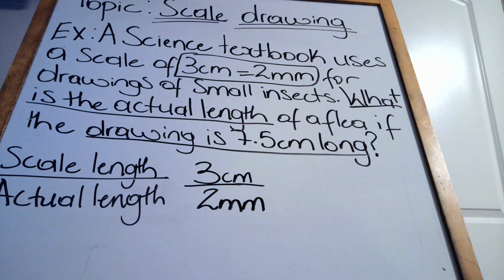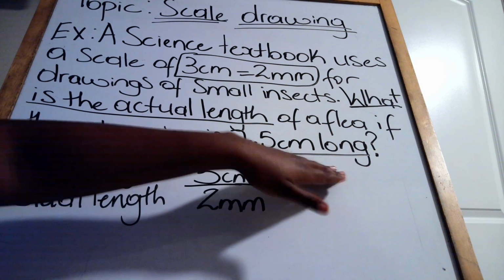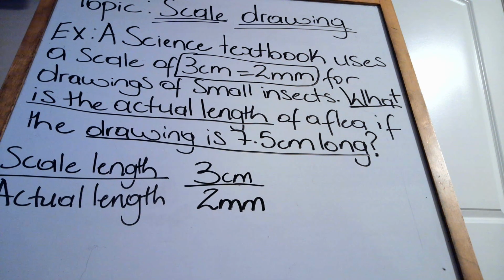It is given that the drawing is 7.5 centimeters long. When we hear the term drawing, on a map or in a model, we know that it's telling us that's the scale. So 7.5 is the scale length.